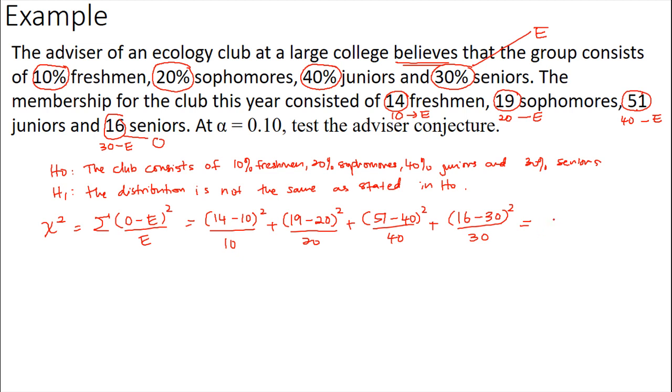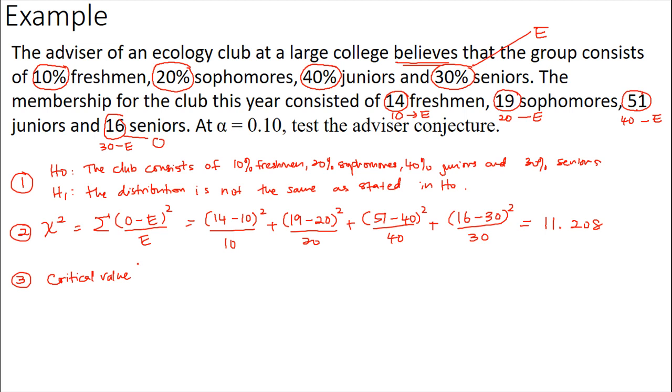So the answer is 11.208. Okay, this is your second step, and the third step is to find the critical value. You can find the critical value from the chi-square distribution table. You just have to know the alpha and the degrees of freedom.